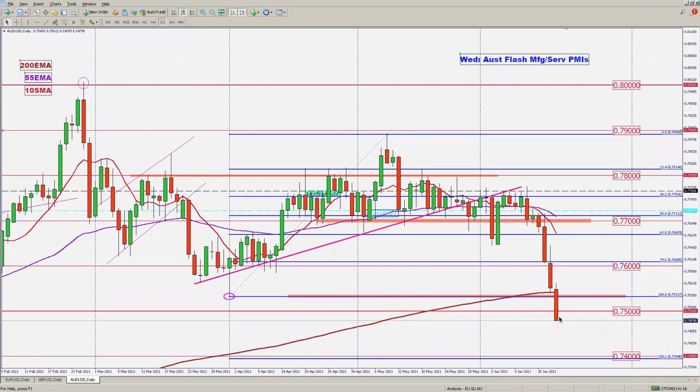All right, so we'll see if there's any retest of this swing low at the 75.30 area, and if it holds up, then it could target the 138 fib extension just below the 0.74 area.